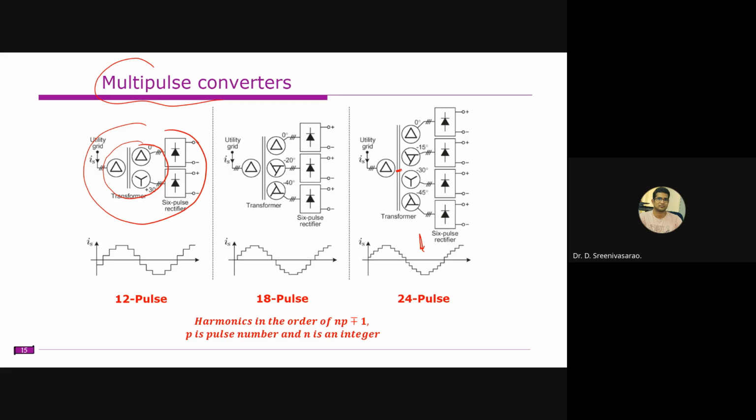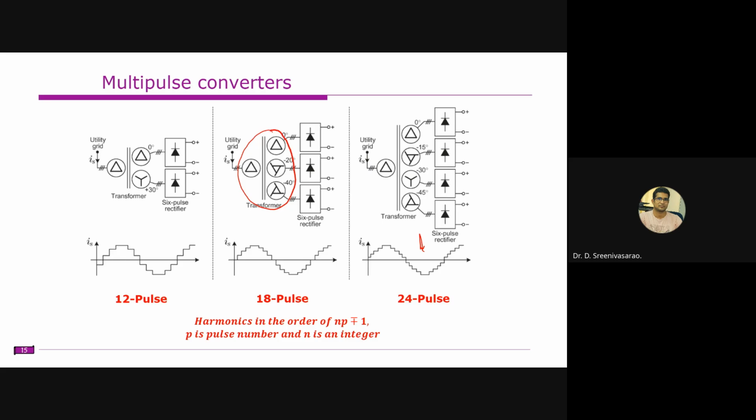The main drawback of this multipulse converter is that it requires complex phase shifting transformers, like zigzag and polygon transformers. Another thing is that whenever you have a transformer, on the other side you have the rectifier electronic circuits, so the currents it handles are non-sinusoidal. When the currents are non-sinusoidal, first we need to derate these transformers.